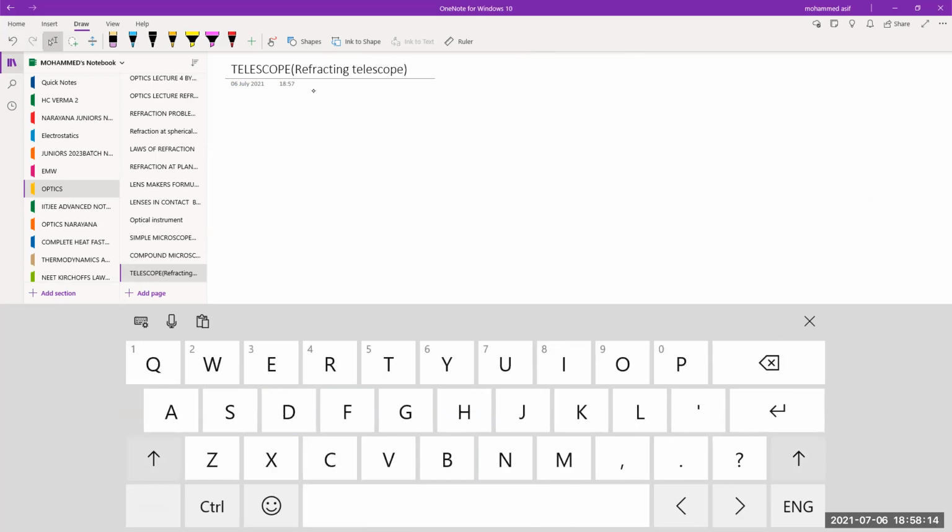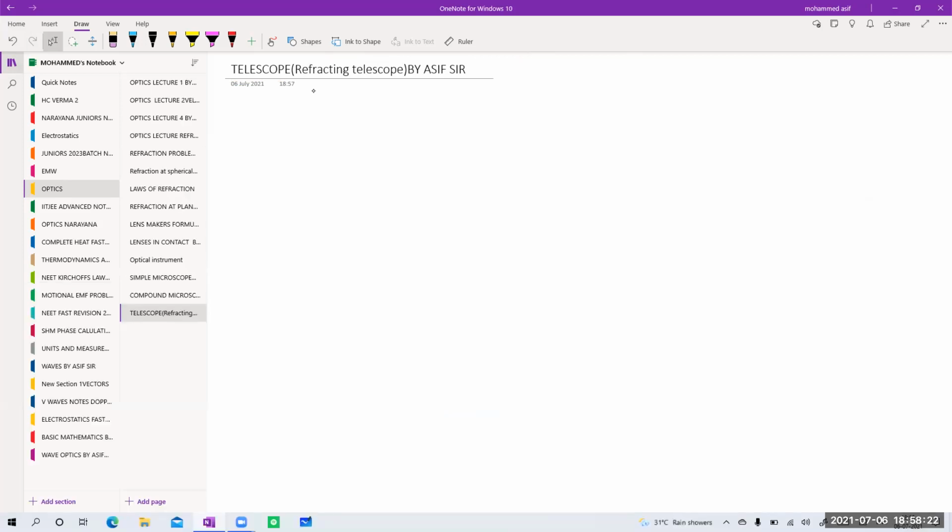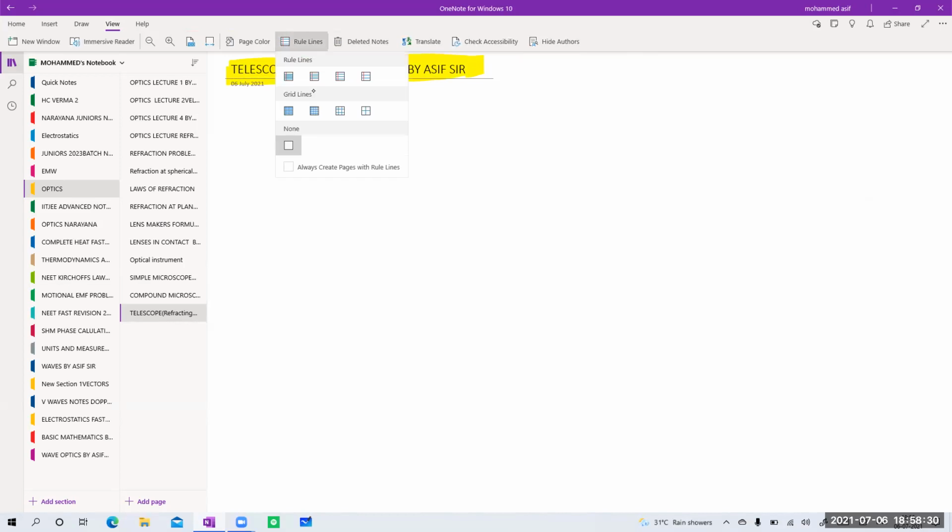We have both refracting and reflecting. So in today's session of your class, we'll be talking about your telescope, which is your refracting telescope.